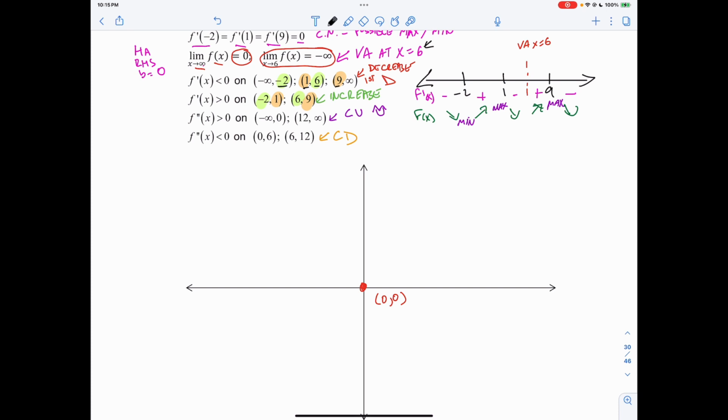We also know from the second derivative, where we can see it at 0, at 6, and at 12, our 6 is still our vertical asymptote.